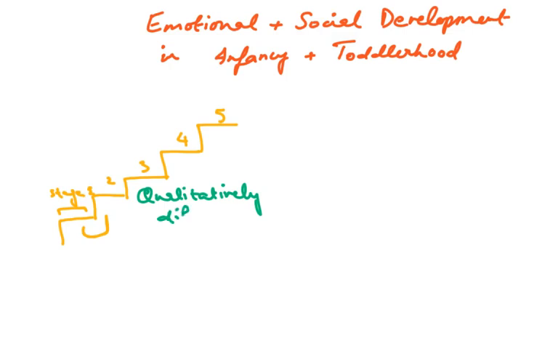So as you're going from stage 1 to stage 2, you're either learning a new skill, or you are gaining in some sort of development. Perhaps you have suddenly gained in perceptual development, or in some form of cognitive development.